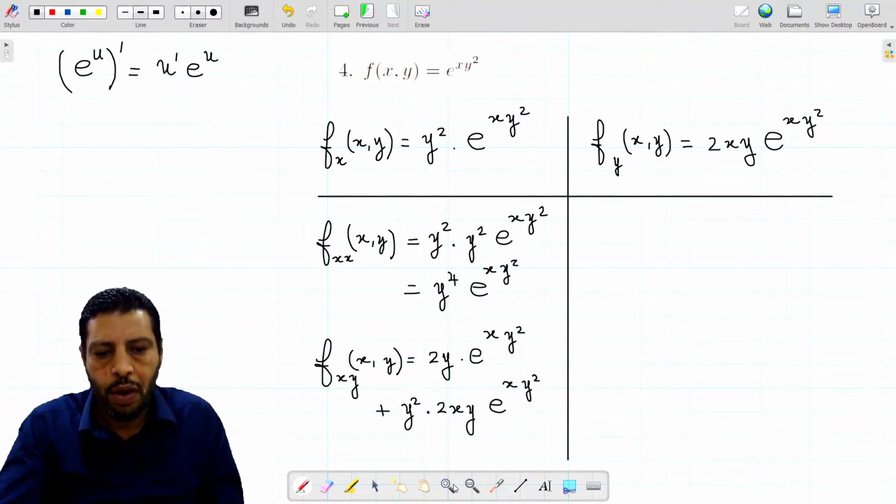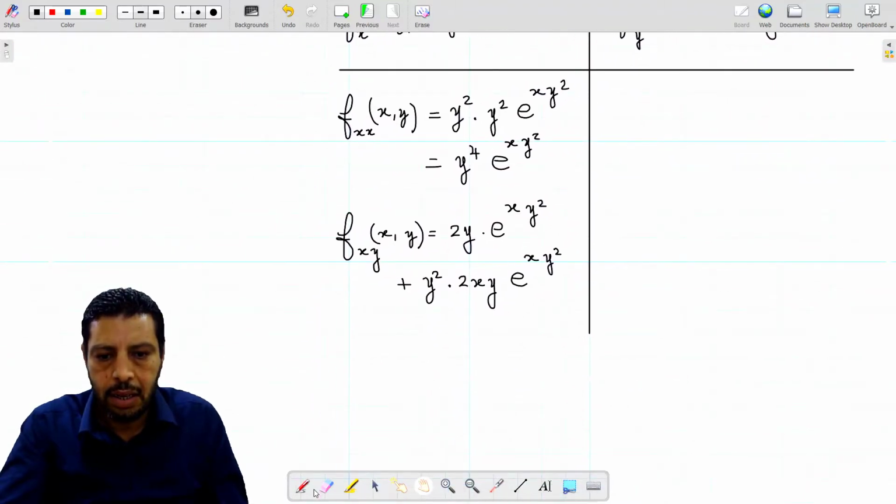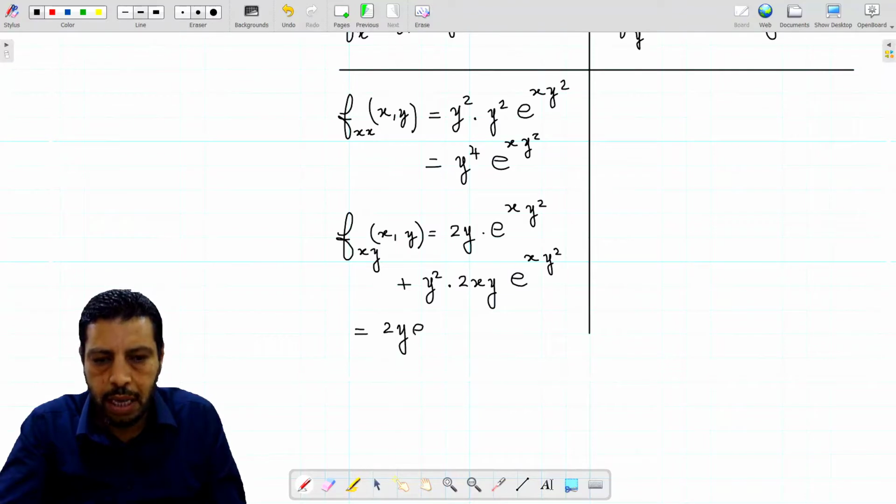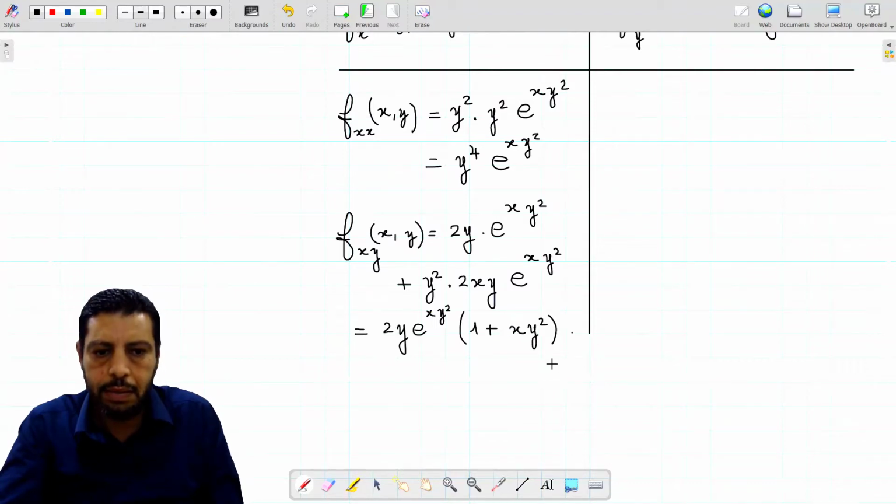Of course, you can write it in simplified form. We can put the 2y exponential xy squared in factor here, as the factor of 1 plus xy squared.